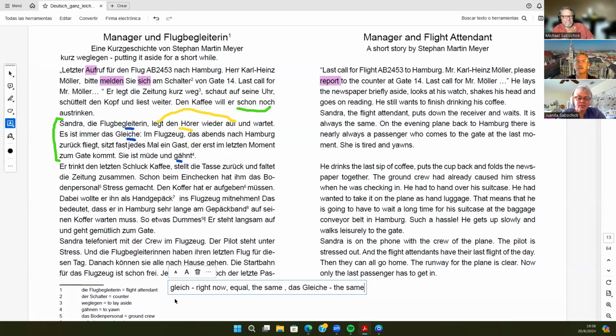So then, on the plane back to Hamburg. So we have. Now let's take a look at the text.